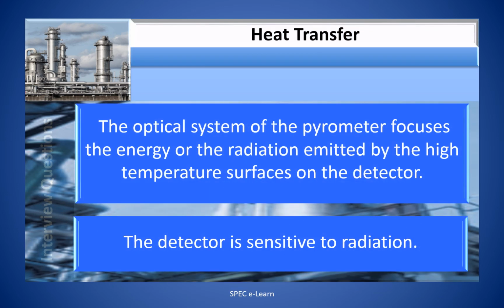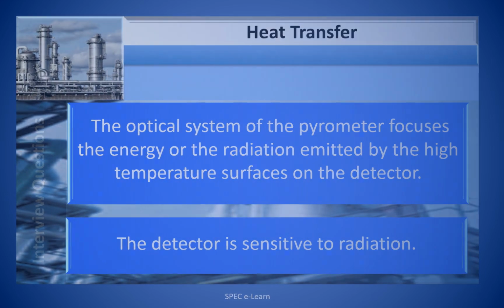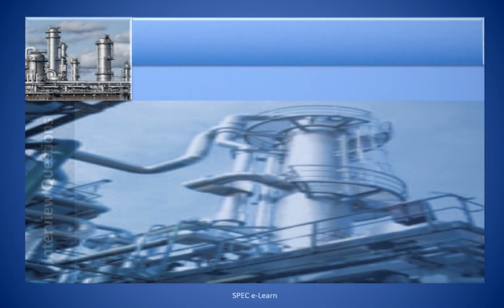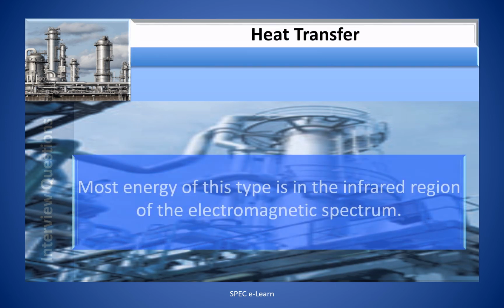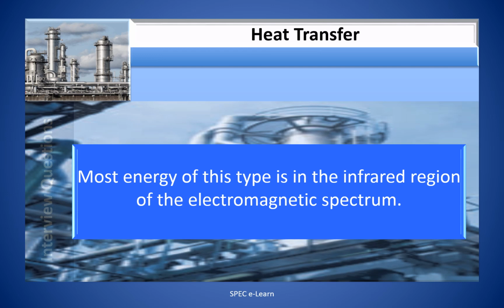The optical system of the pyrometer focuses the energy or the radiation emitted by the high temperature surfaces on the detector. The detector is sensitive to the radiation. Most energy of this type is in the infrared region of the electromagnetic spectrum.